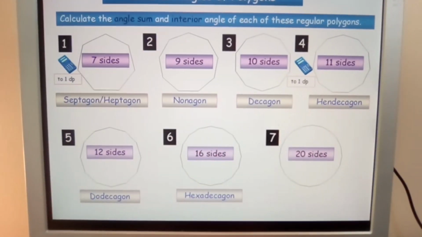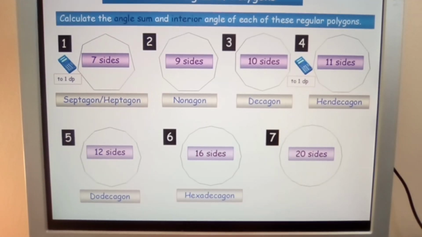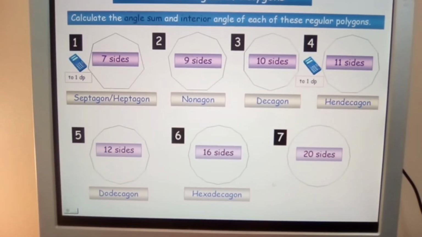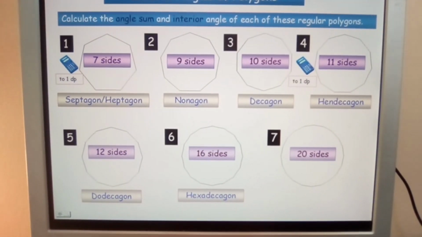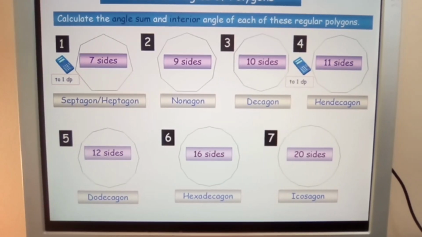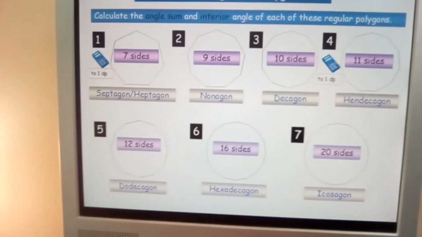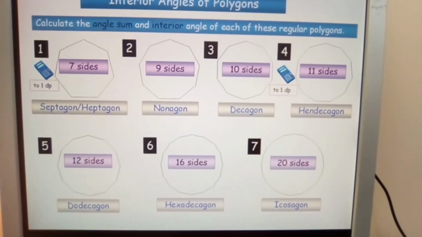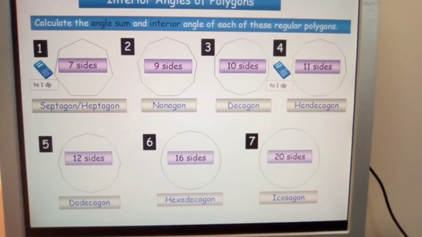I'm sorry, forgive me, I apologize. Decagon. I'm hoping that you can pronounce these better than myself. And last but not least, icosagon.